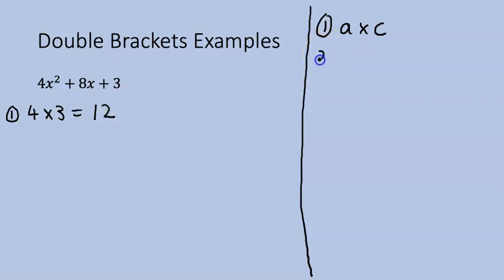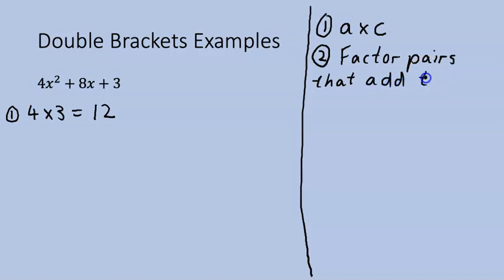Now my step 2 is I do what I did in the earlier ones. I want to find factor pairs of 12 that add up to the sum, which in this one is our 8. But I'm just writing the instructions down so that you know that you can do it for any of them.